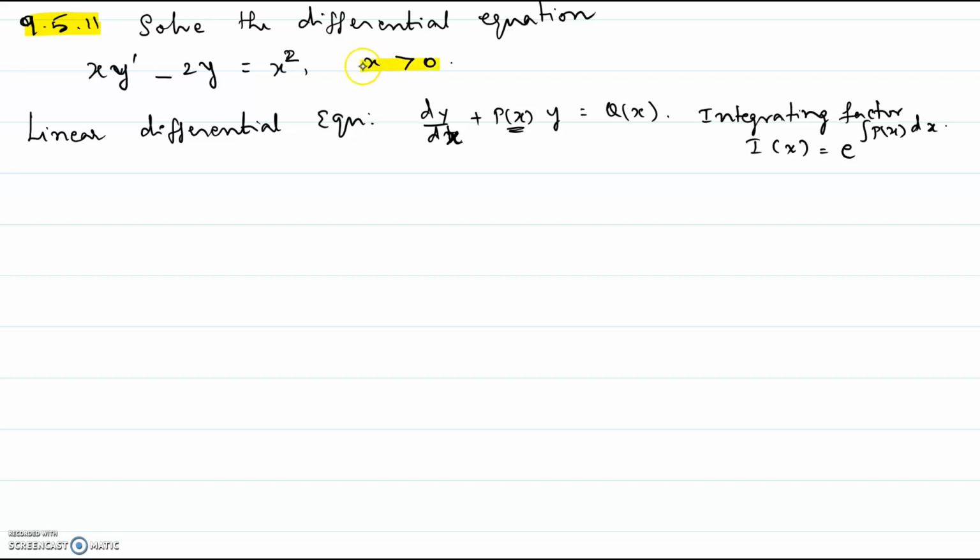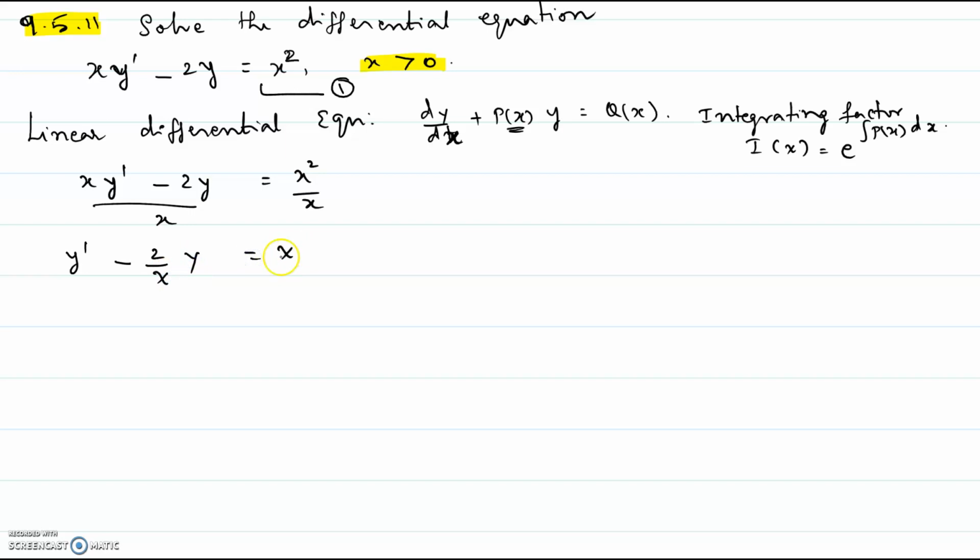As x is more than 0, we can divide the whole equation by x. So it will become x y prime minus 2y equal to x squared, the whole thing divided by x. So we get y prime minus 2 over x y equal to x.